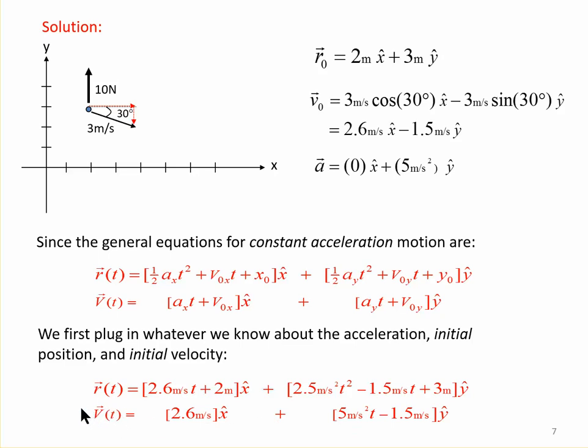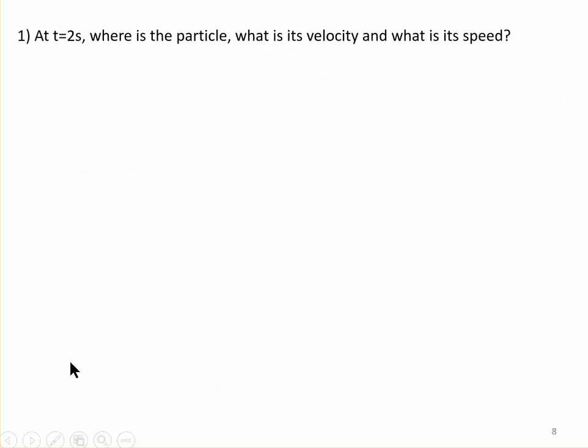So now we're in a position to actually address the questions that we were asked in this problem. The first question that we were asked is, at time t equals 2 seconds, where is the particle? What is its velocity? And what is its speed? Well, on the preceding slide, we have an expression telling us the particle's position as a function of time.